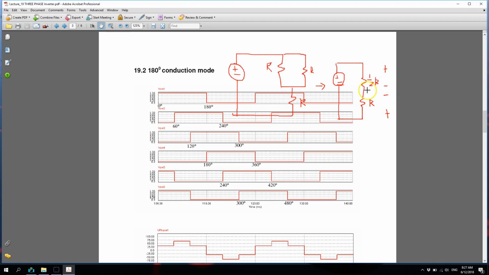So if you look at that voltage, use the voltage divider rule, the VDR, to solve for each voltage across R, half R, and R. Here you're going to get 1/3 V in, and here you're going to get 2/3 V in.